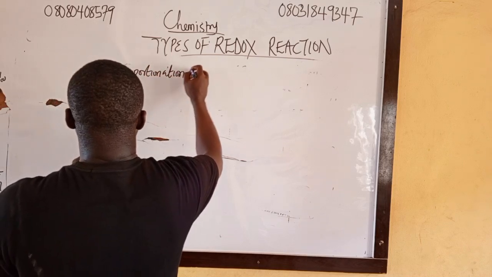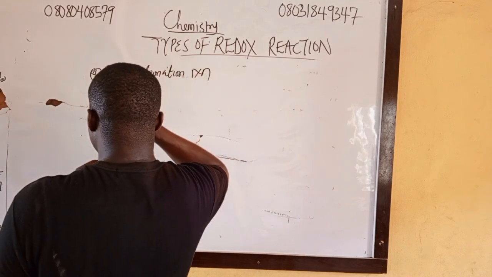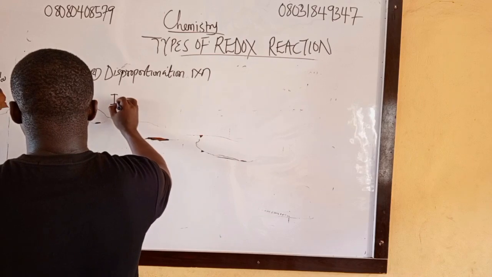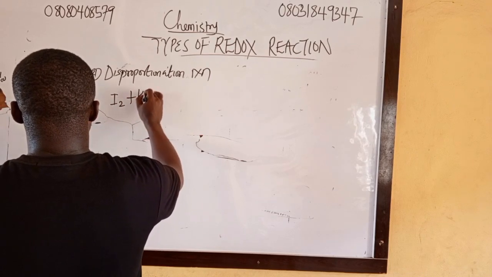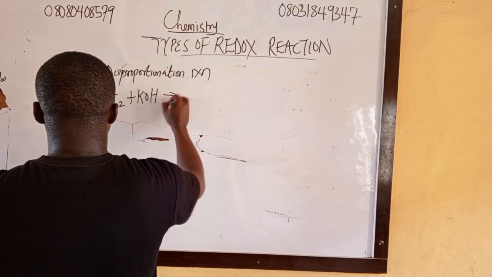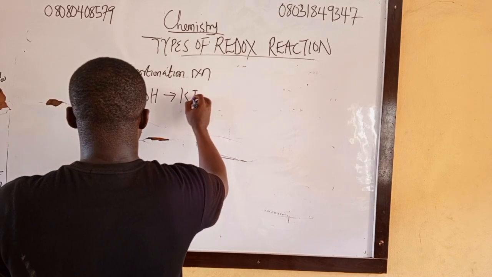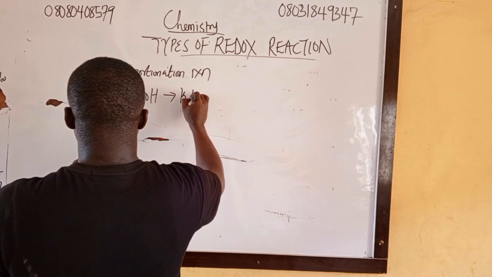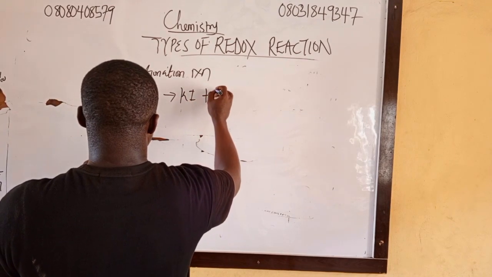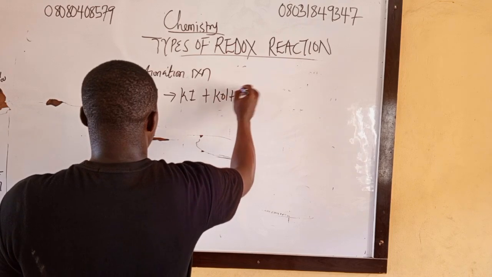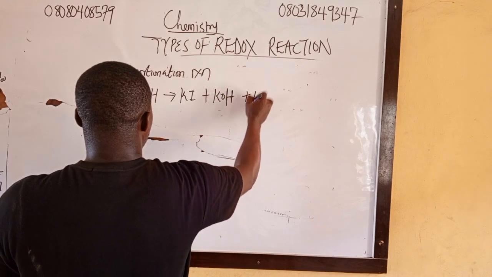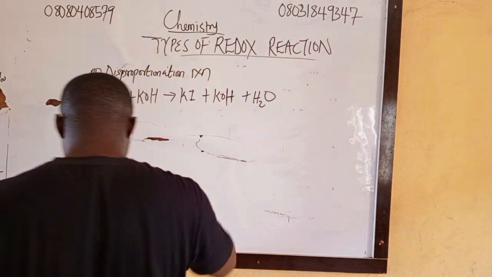Disproportionation reaction is an example of redox reaction where you have I2 plus KOH to give you KI plus KOI plus H2O.